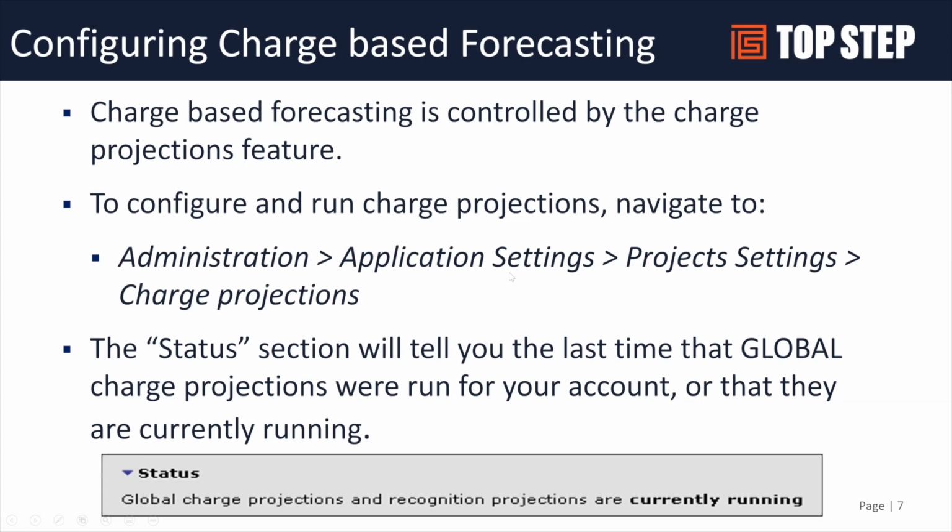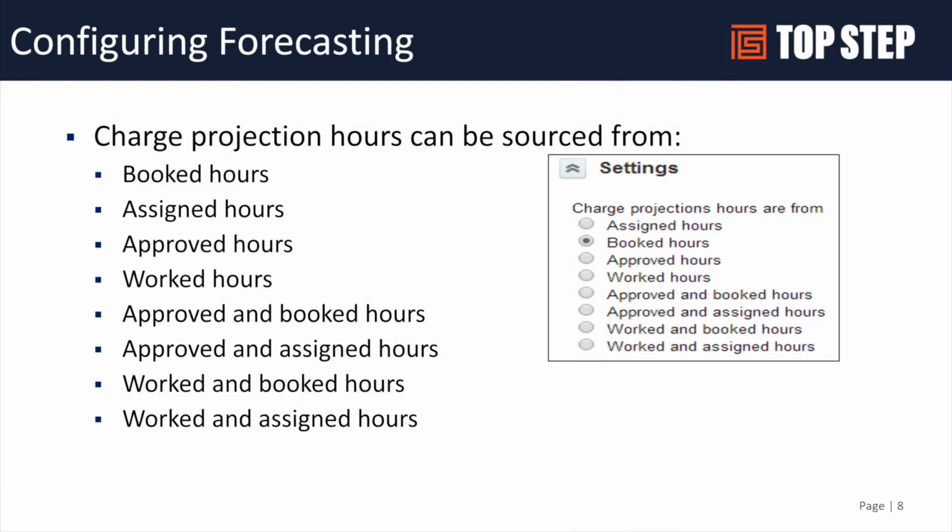So what is it doing? It's up to you how you want to look at future data. Obviously, if you're using the bookings module and you have resource managers and project managers working together to determine who's going to be on which projects, for what dates and what amount of hours, and if you do a lot of T&M, time-based billing, then booked hours is probably the most common setting that we see here.